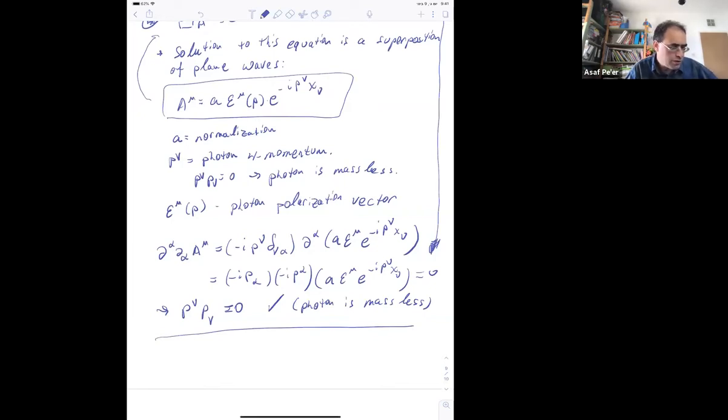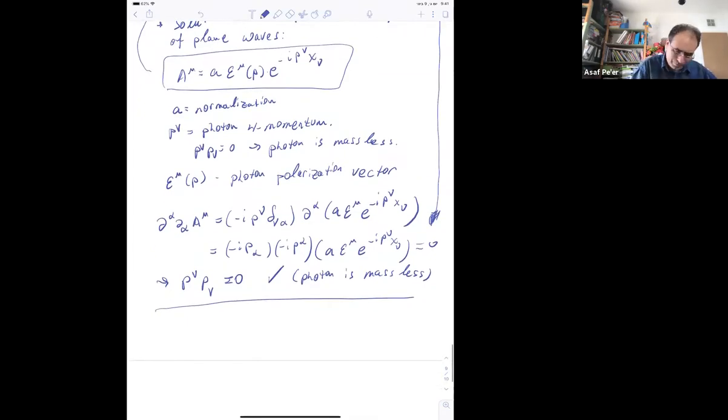Now we use the solution in the Lorentz condition. Remember, we said the Lorentz condition was just ∂_μ A^μ equal to 0.